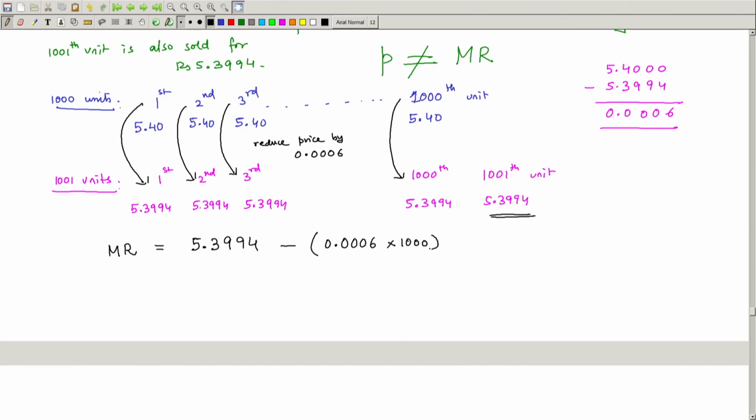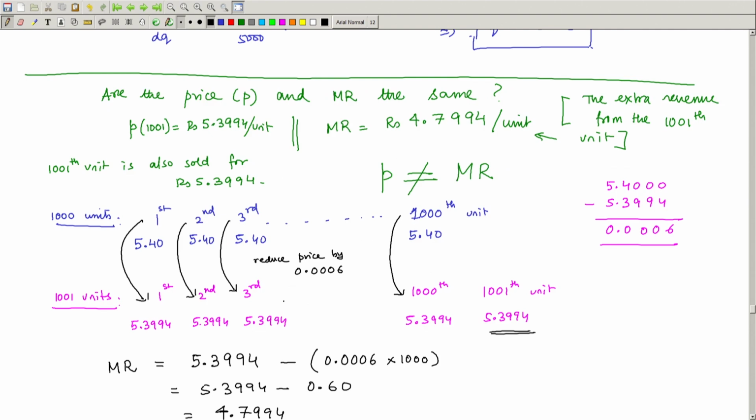So, this is how much I have lost. This is nothing but 5.3994 minus 0.60. If you do this arithmetic, you will find that this is 4.7994, which is exactly the marginal revenue that you got here. So, price and marginal revenue are not the same. Well, that is immediate by simply looking at the two numerical values.